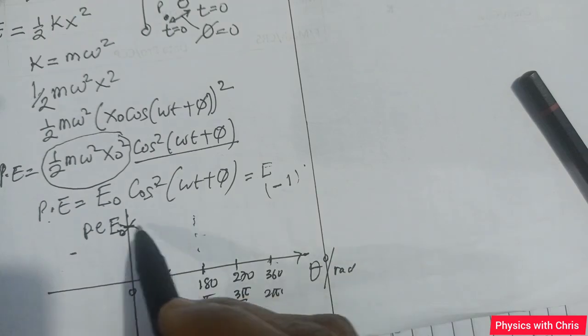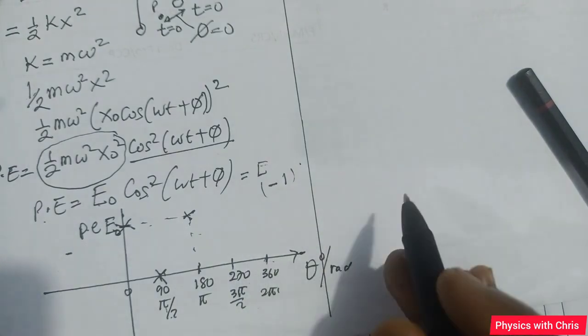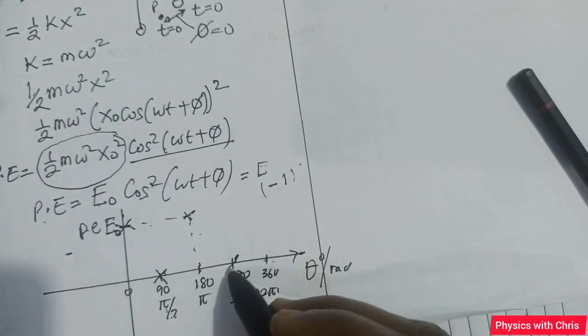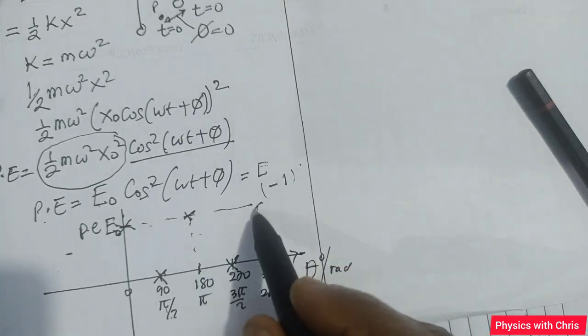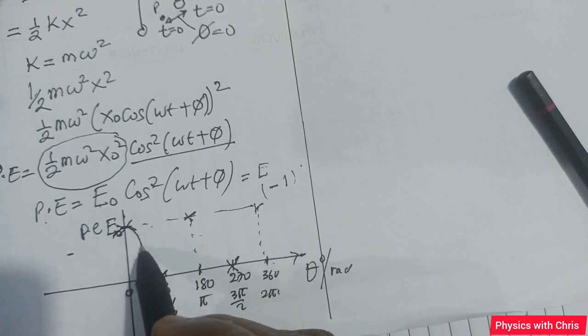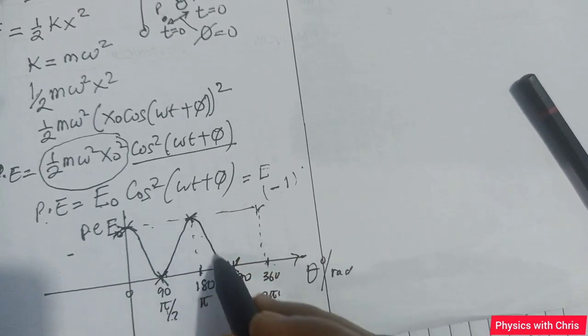I trace that against this point and plot it. At 270 it is 0, so I mark here. And cos 360 is 1, so 1 times E naught still gives me E naught. So the graph goes like this, the graph of the cosine function and how it varies with time.